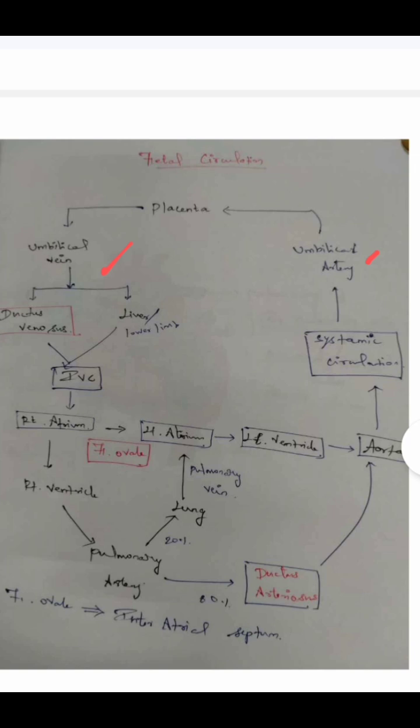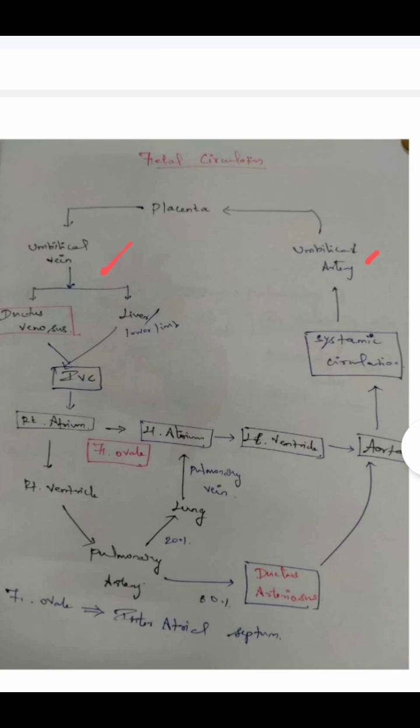The umbilical vein carries oxygenated blood and the umbilical arteries carry deoxygenated blood from the fetus and send it to the mother to get oxygen. We have to know about it.